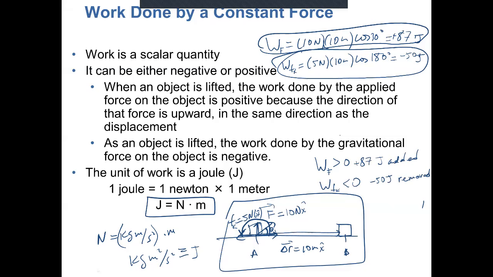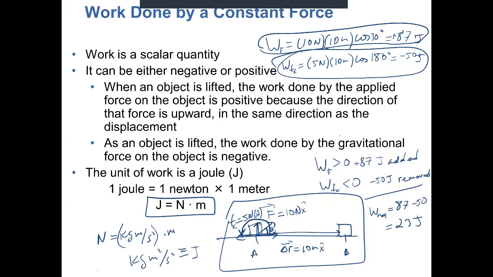So now we can calculate the net, where you have two forces, the applied force and the friction force, both transferring energy into or out of the system, but the net effect will be their algebraic sum, because they're scalars, remember. So what you do here is 87 minus 50, and the net here is, what is it, 23 joules?